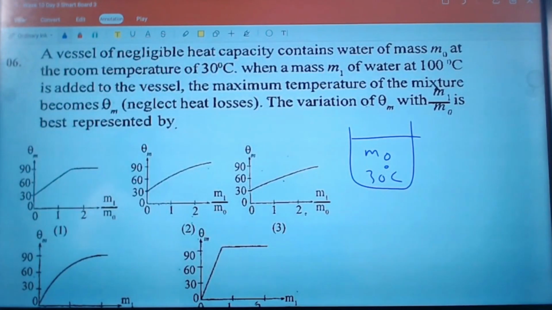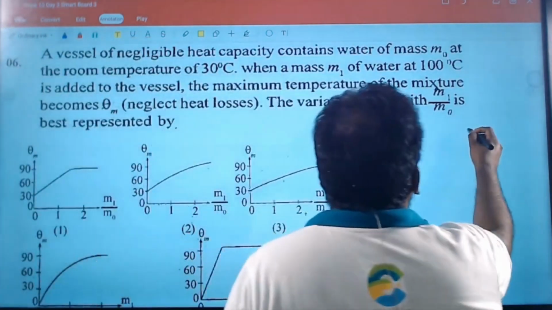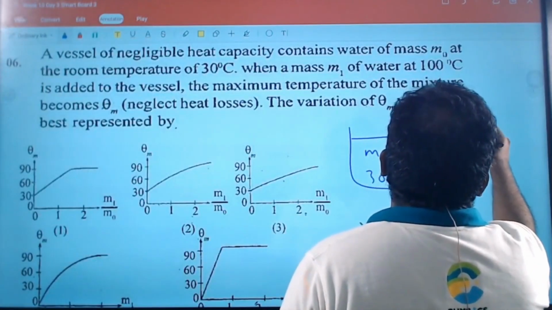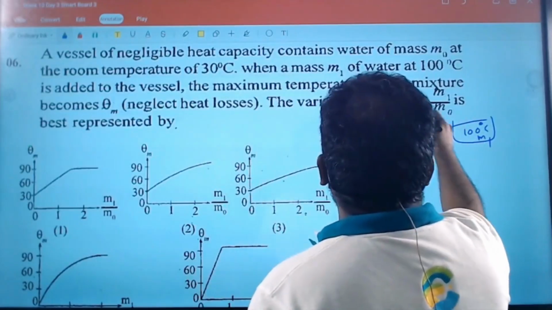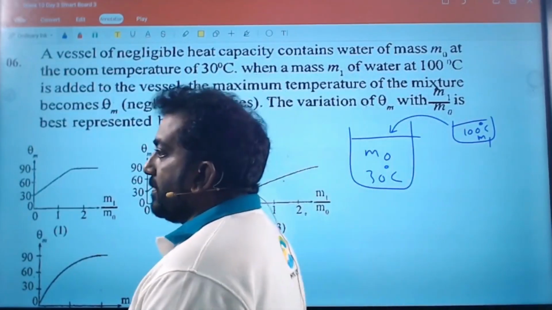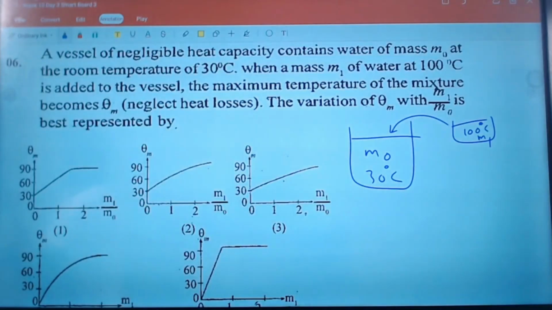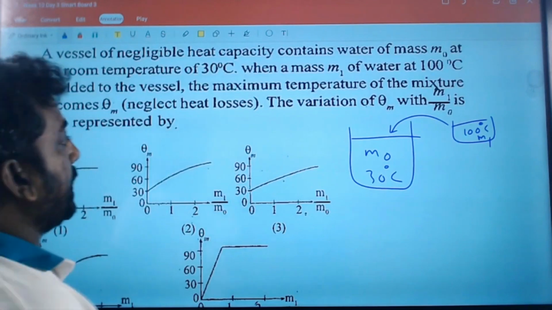When mass M1 of water at 100 degrees Celsius is added to the vessel, so you are mixing boiling water with room temperature water, the maximum temperature of the mixture becomes theta m, neglecting heat loss. The variation of theta m with M1 over M0 is best represented by which graph?